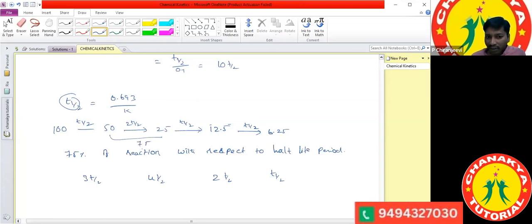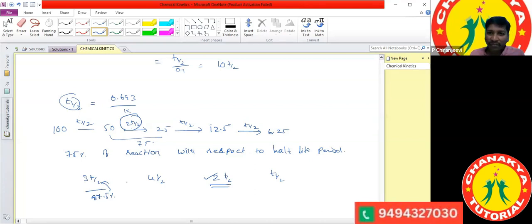In the completion of 75% of the reaction, how much time did we take? T half plus T half, you will get 2 T half. So the answer is 2 T half. When can we take 3 T half? 87.5% of the reaction is completed in 3 T half time. Again, if you add 6.25%, how much does it become?